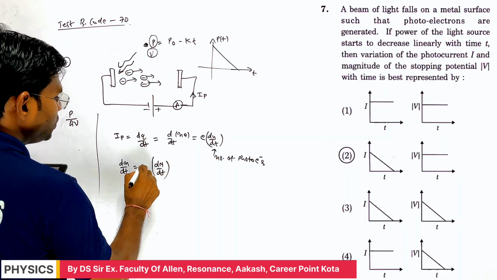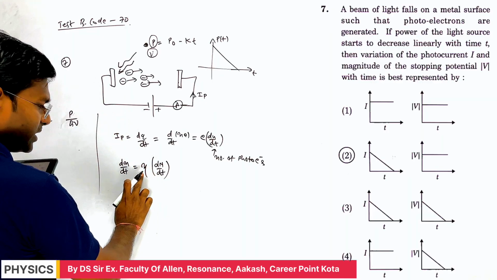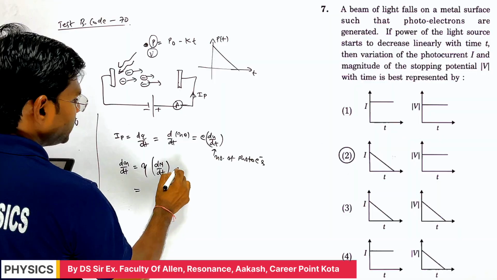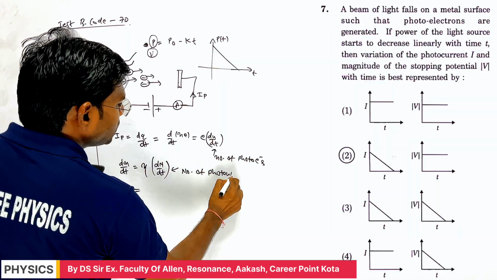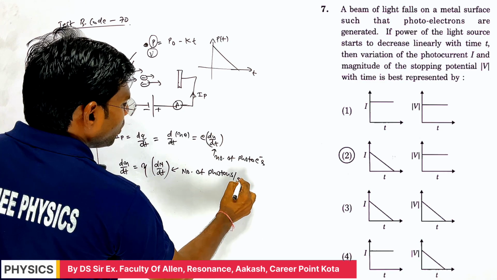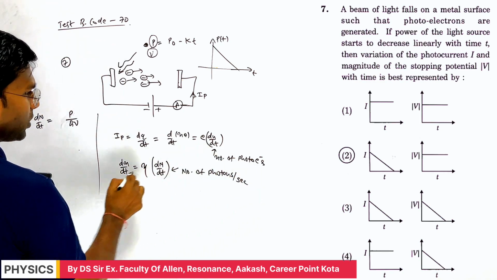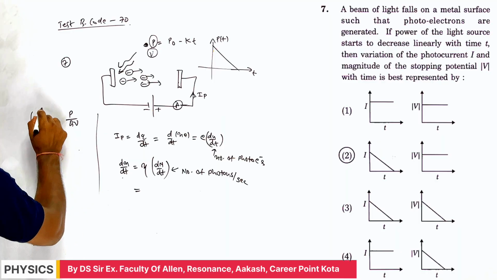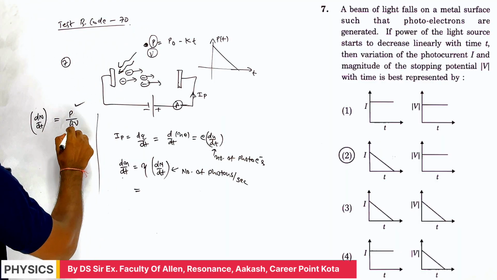If the efficiency of this photosensitive surface is eta, then dn upon dt is the number of photoelectrons, and the number of photons incident per second depends upon the power.